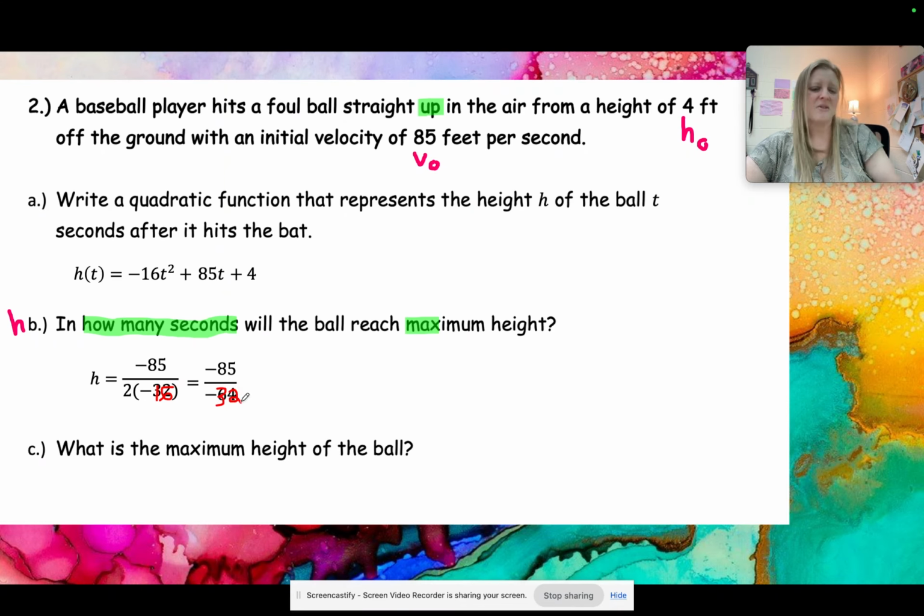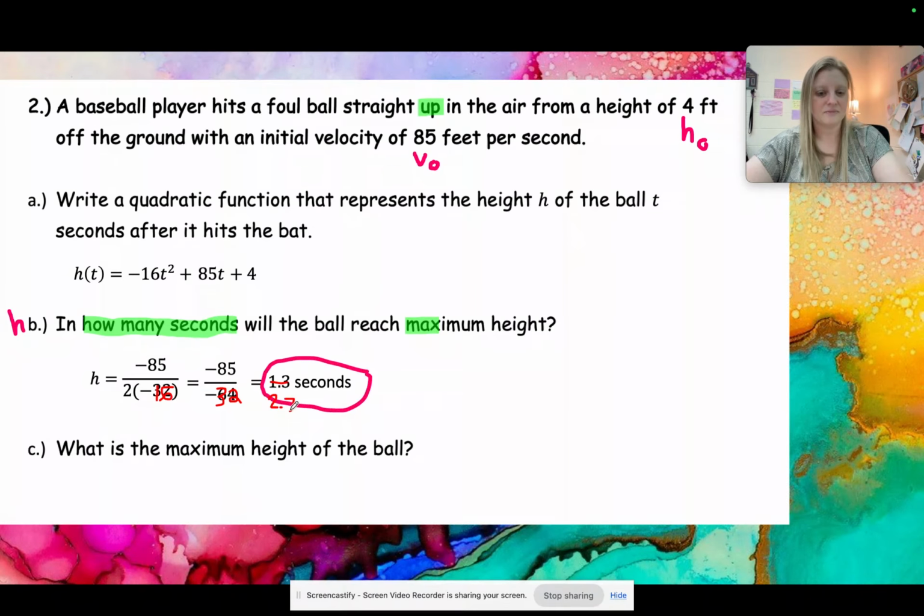All right, and that's when I would pull out my calculator. So we have to do 85 divided by 32, which is about 2.6. We'll round it to 2.7. 2.7 seconds. All right, and that's your answer.